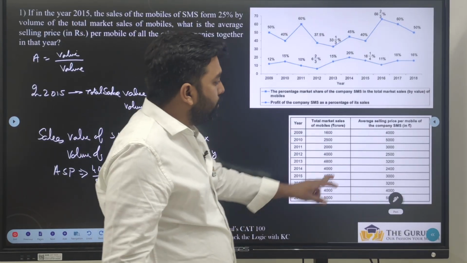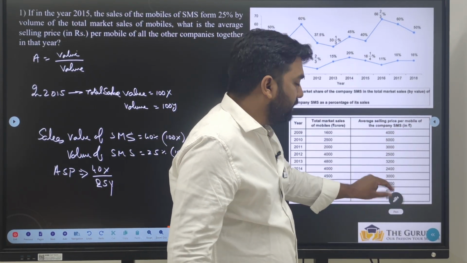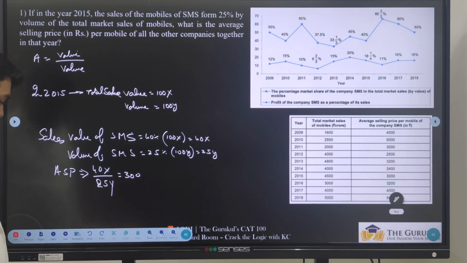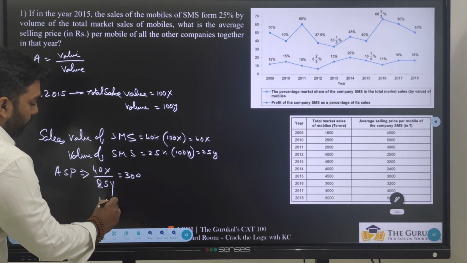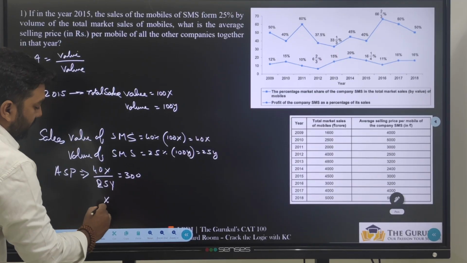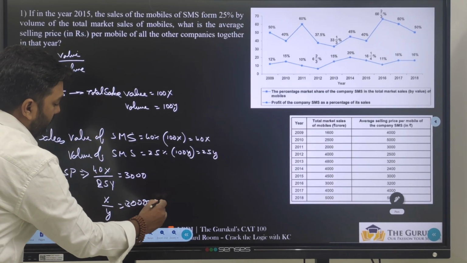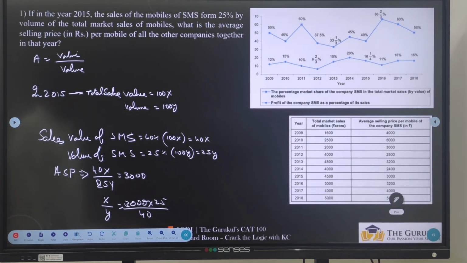But we already know the average selling price per mobile in 2015 is 3000. So this is equal to 3000. If this is equal to 3000, can I say x by y is equal to 3000 into 25 by 40? Let's not calculate, let's leave it over here.